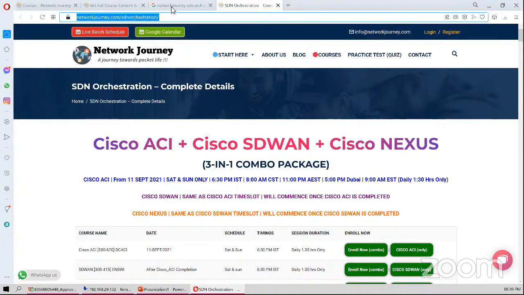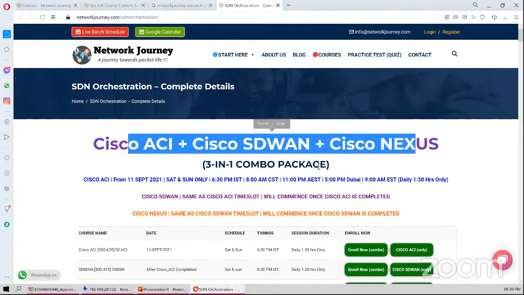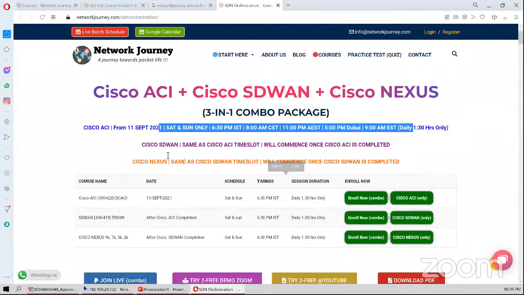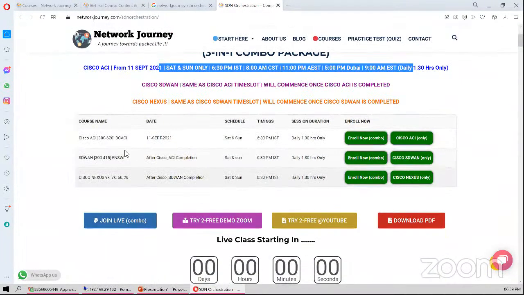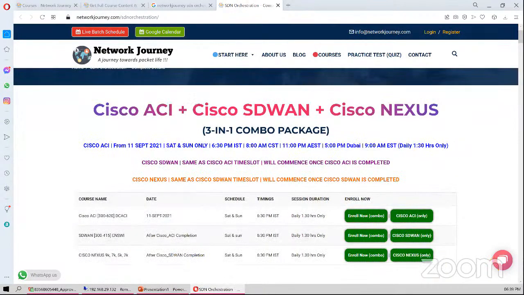If you go to Google and search for Network Journey SDN orchestration, you will get the course page where the time zones for the various batches have been published. Yes, Sagar, because of this I was not able to attend your previous batches, because of my shift.